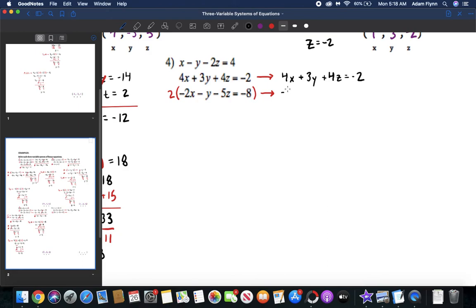And then my scaled bottom equation is going to be negative 4x minus 2y minus 10z equals negative 16.